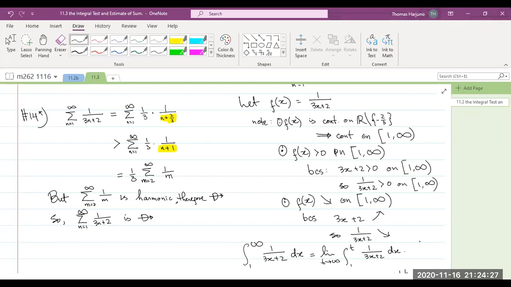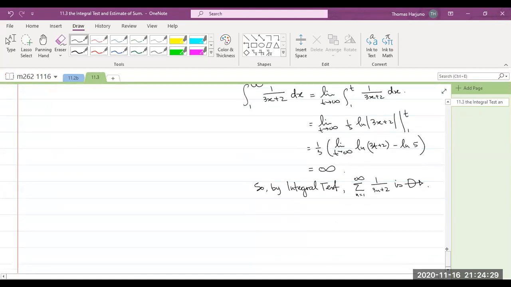How about number 16? I look at the problem, honestly, I don't know what to do. But hopefully the following works.